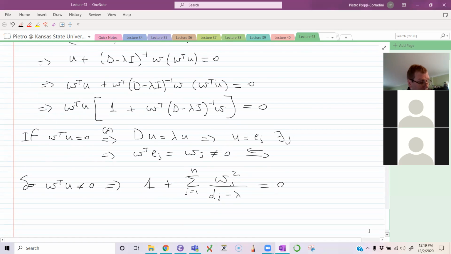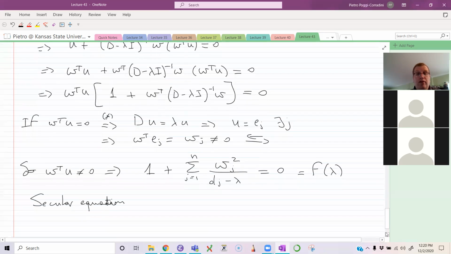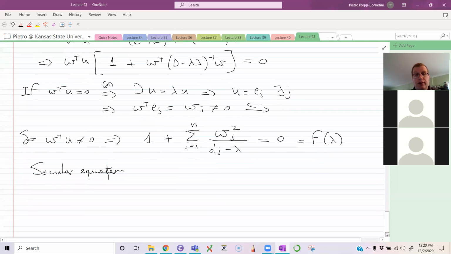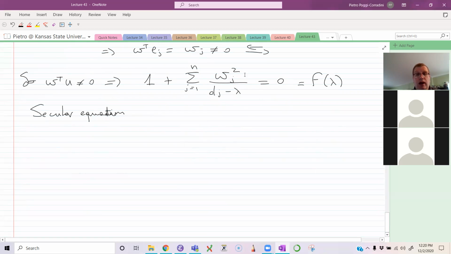Okay. So this is a function of lambda set equal to 0, and it's got a name. It's called the secular equation. You can try to graph it. It's the sum of a bunch of, it's like a rational function. Right? It's 1 over lambda shifted.